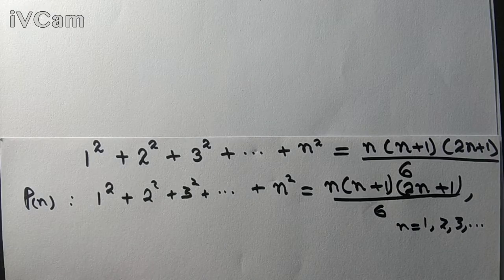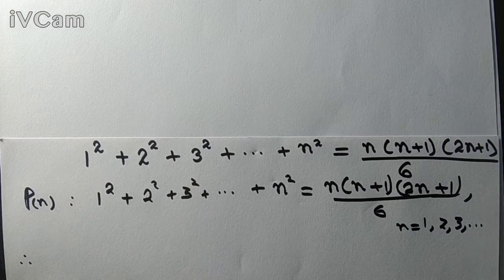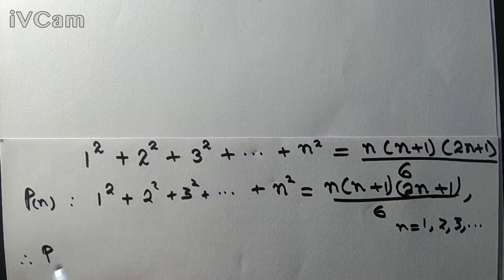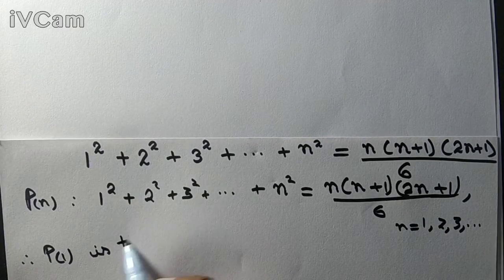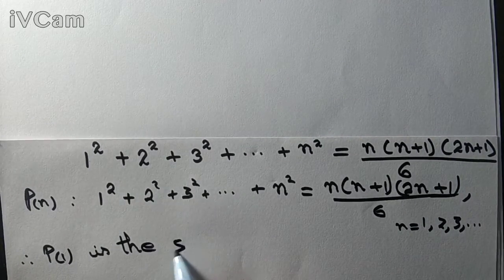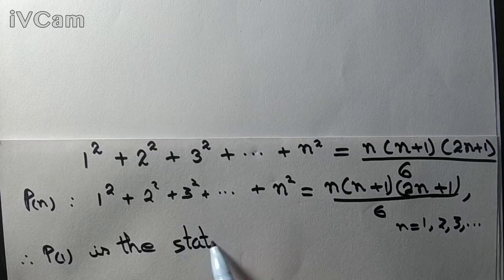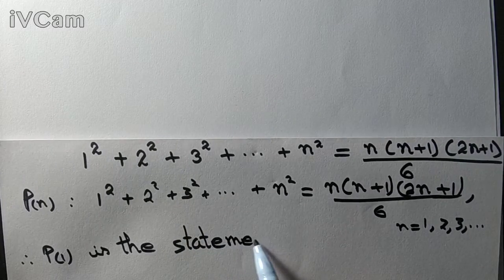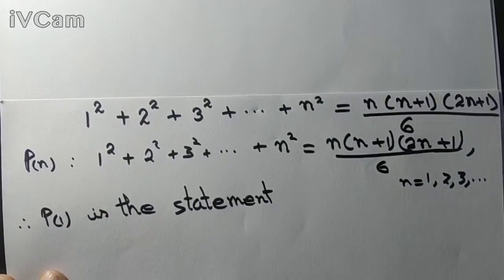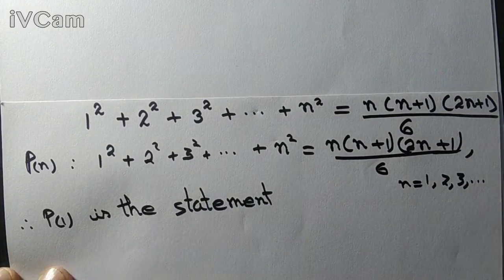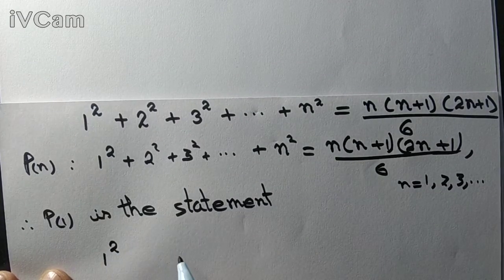Now, therefore, P1 is the statement. If you take n equal to 1, then on the left hand side we have just 1 square.